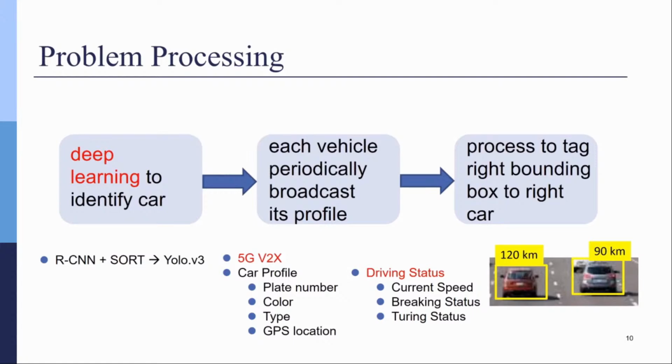Car profile includes information such as plate number, color, car type, and GPS location. Driving status includes the vehicle's current speed, braking status, rotation, and turning status. Then, our method fuses the camera information and radio information by pairing the vehicle object in the camera frame and the V2X radio packets. Finally, we tag the right information to the right vehicle object.